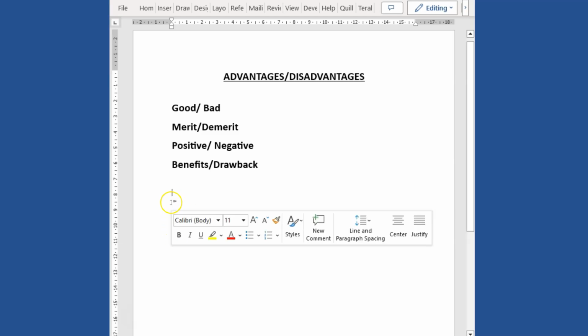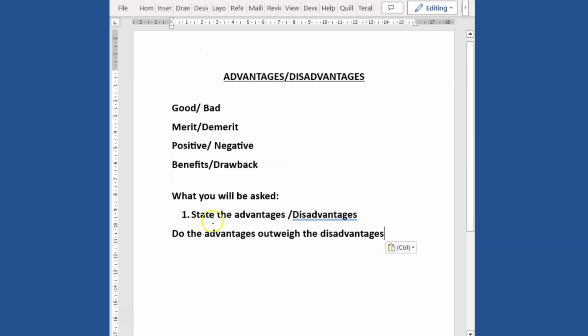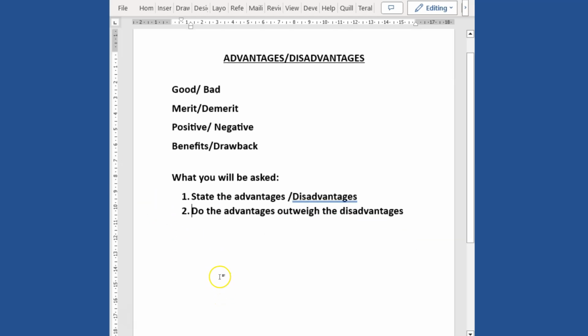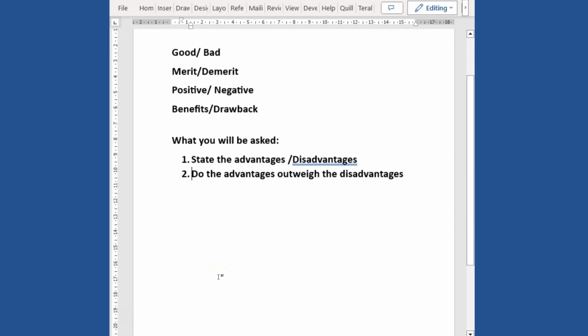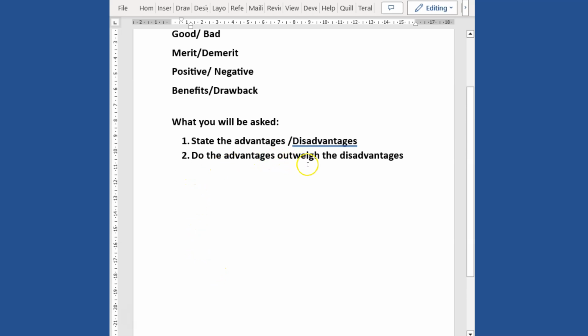They might say, state the advantages and disadvantages of this, or they might ask you whether the advantages outweigh the disadvantages.